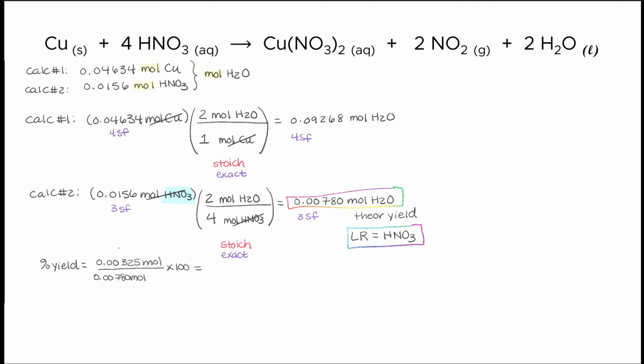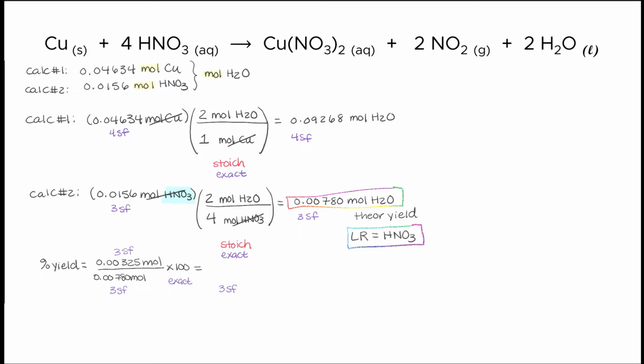Checking our sig figs, we have 3 sig figs for the actual yield, 3 sig figs for the theoretical yield. The 100 is exact, so our percent yield will be rounded to 3 sig figs.